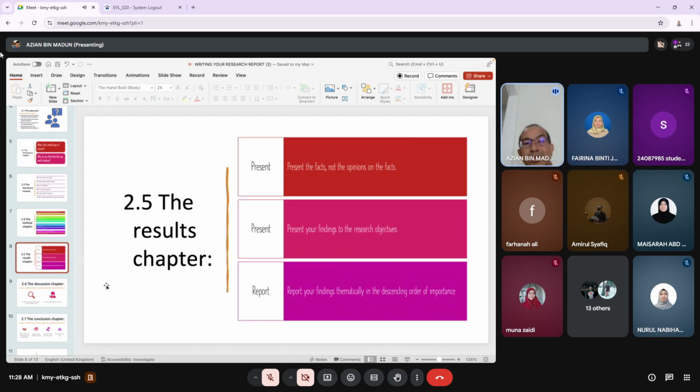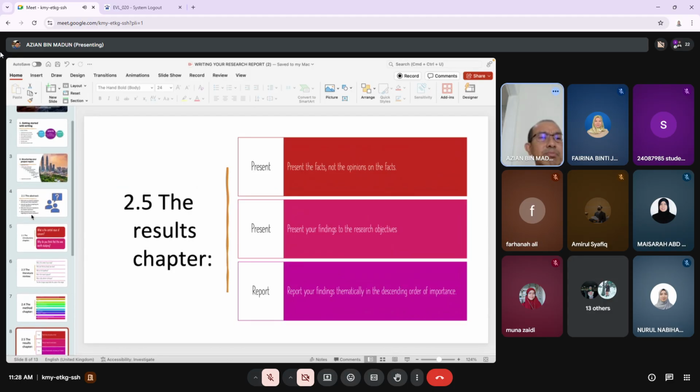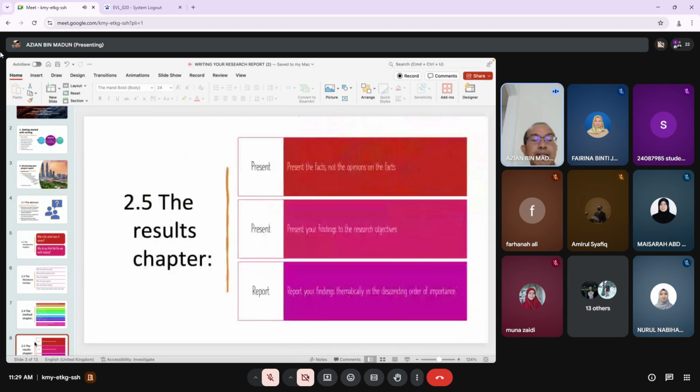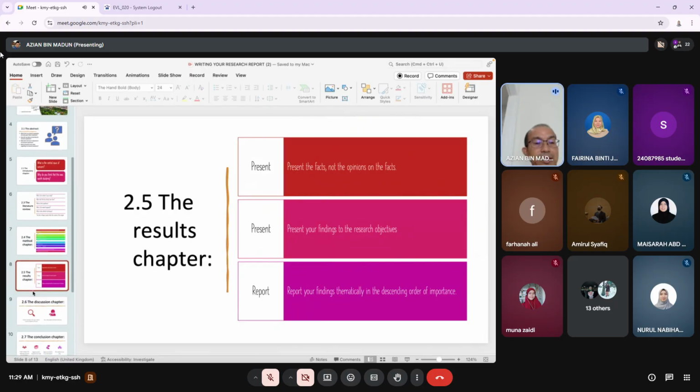The results will be a lot in a survey. So that's why I said the results and discussion sometimes come together. When they come together, it's still a lot, more than 20%. So it's not only one particular way.